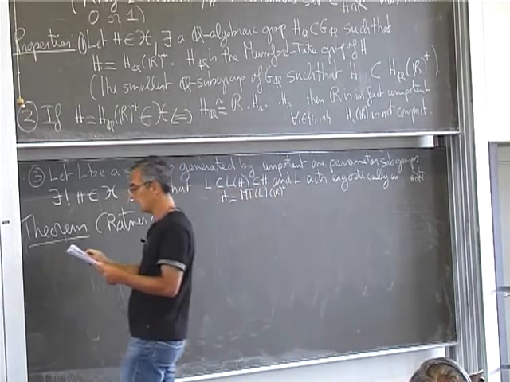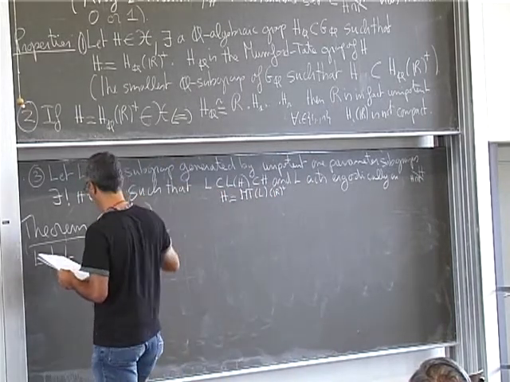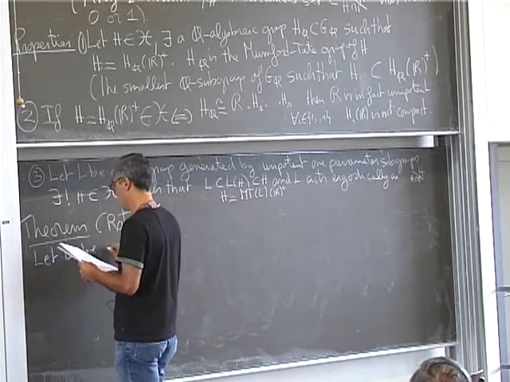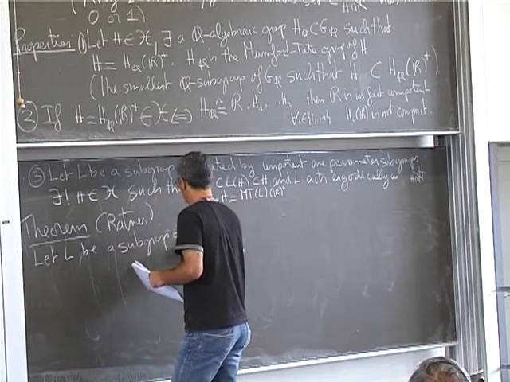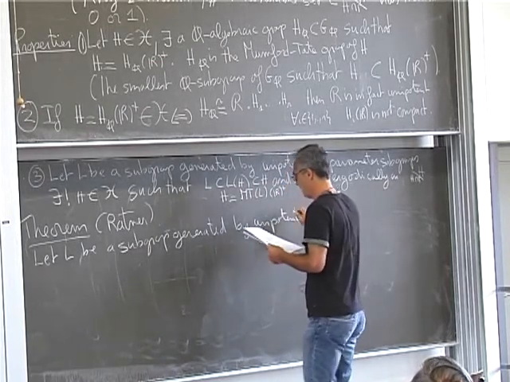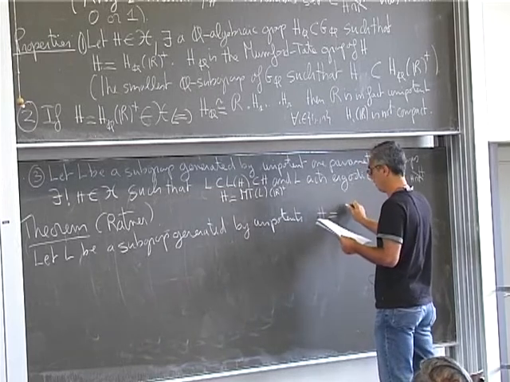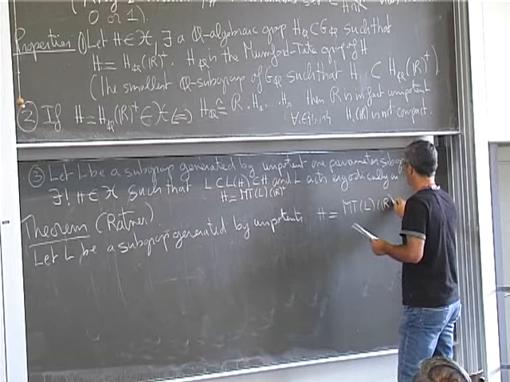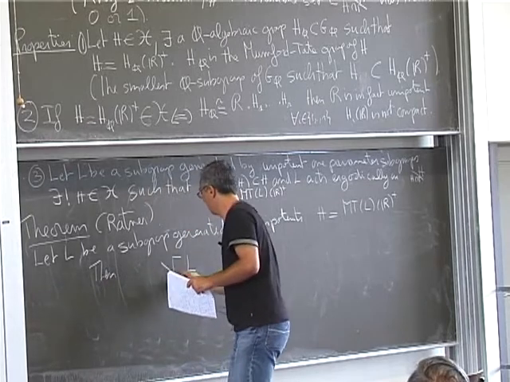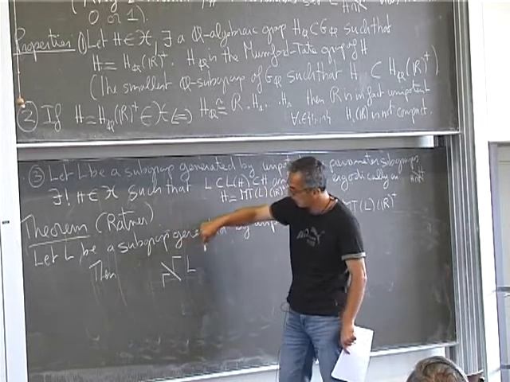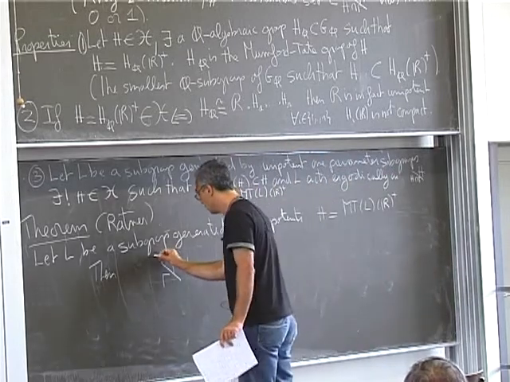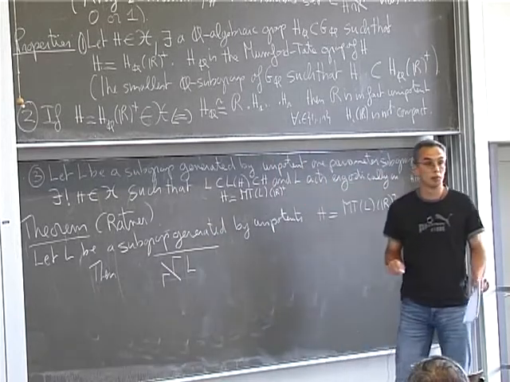So let L be, as previously, a subgroup generated by unipotents, and H the Mumford-Tate group of L. If you take the orbit of L passing through the origin, in general this orbit is quite awful, but you can take the closure for the ordinary topology.